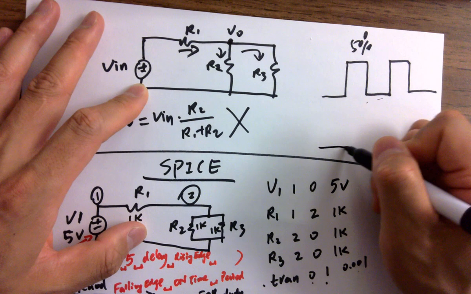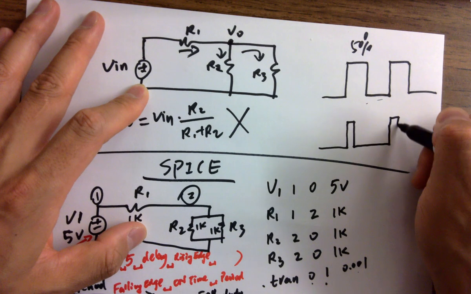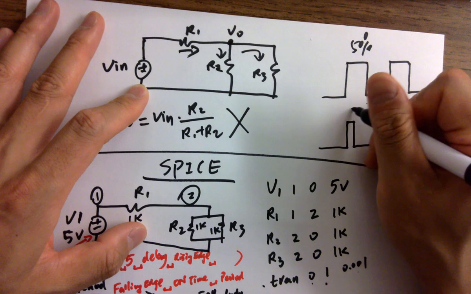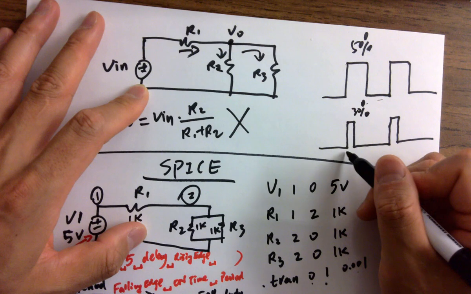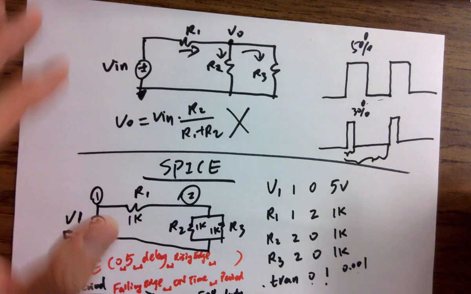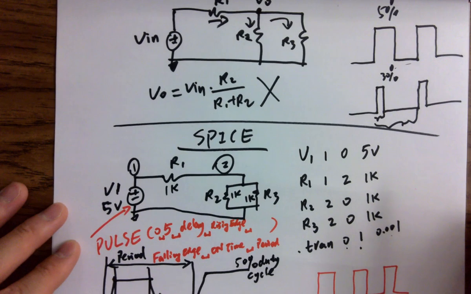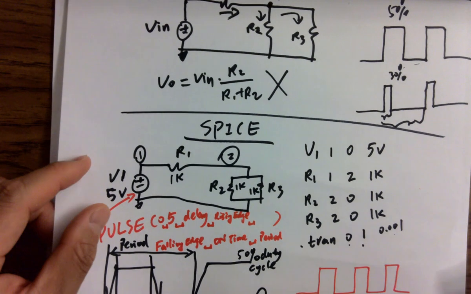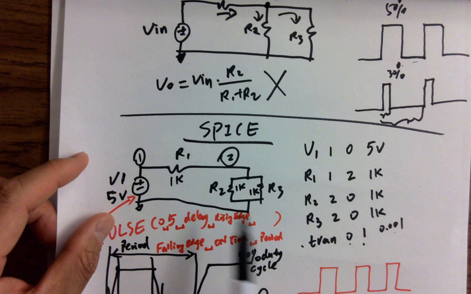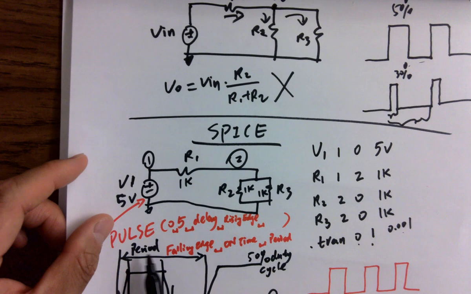If you have this, it might be 30%, because the on time here is only 30% of the entire period. That's called duty cycle. So for the digital systems we use as stimuli for the circuits, we usually use a 50% duty cycle for the pulse function.